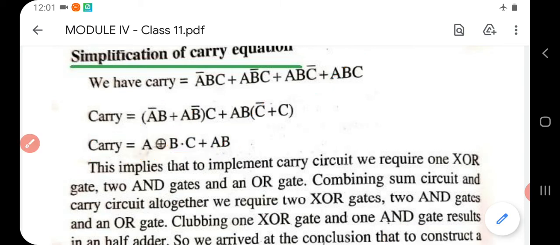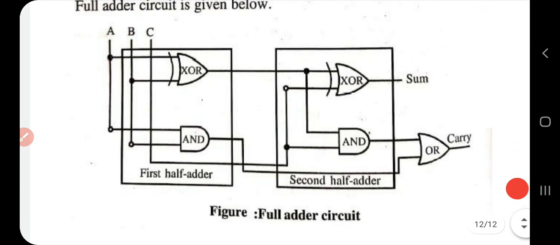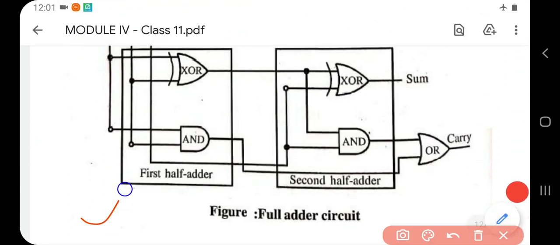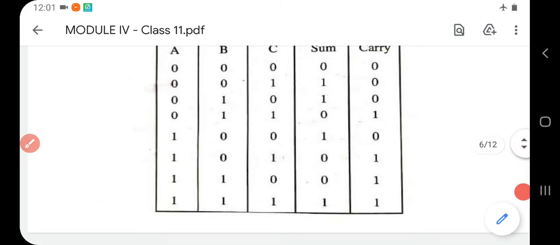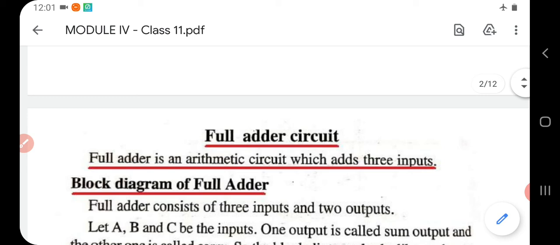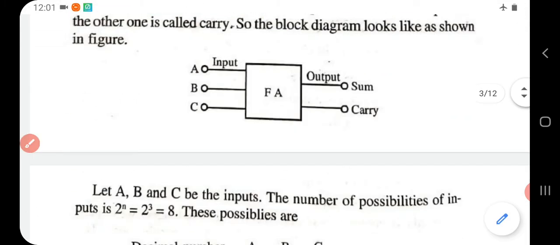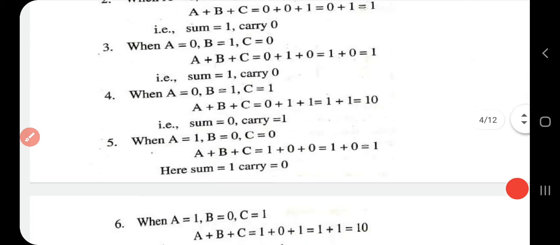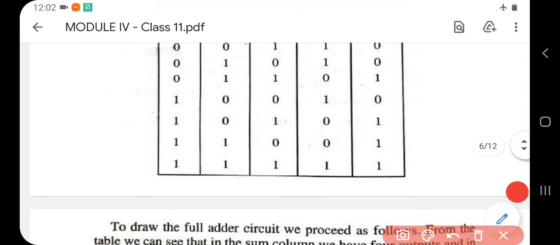Okay. So now you have to draw the figure for the full adder. This is a figure. So while studying the full adder, the first thing that you have to learn is the definition, then the block diagram, then comes the truth table. There is no need of explaining all this in detail. If you know, you can directly draw this truth table.